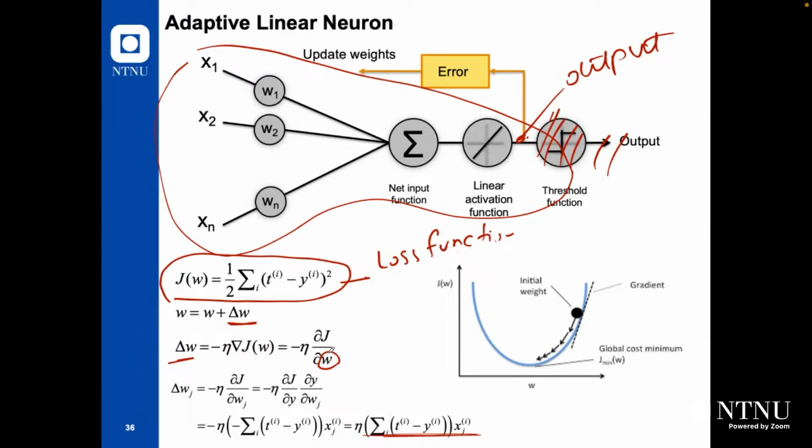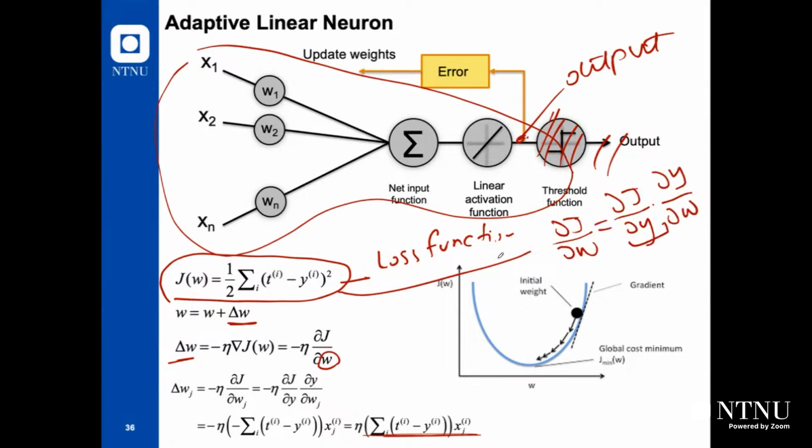We will use something called the chain rule, because this is my function. I need to get partial j by partial omega, but this function is not a function of omega. So I will calculate partial j by partial y and multiply it by partial y by partial omega. That is it, right? Remember, t is the target, so t is constant. So what is partial j by partial y?